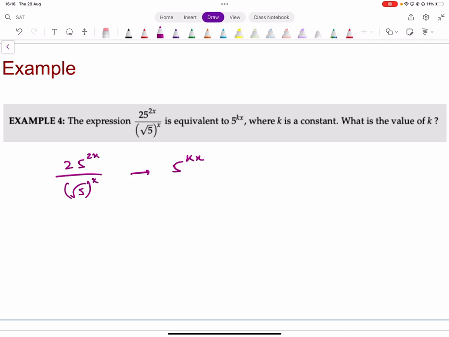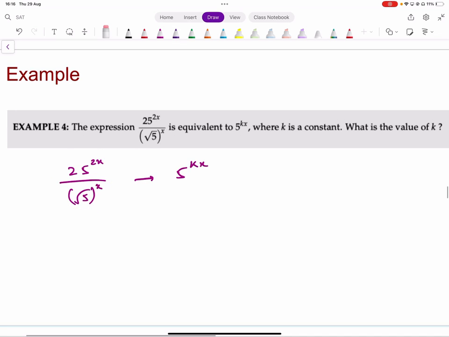Anyone who's done? Okay, two of you. Try writing this thing as a power of 5. See what you get from that.